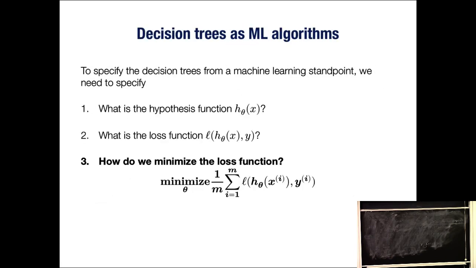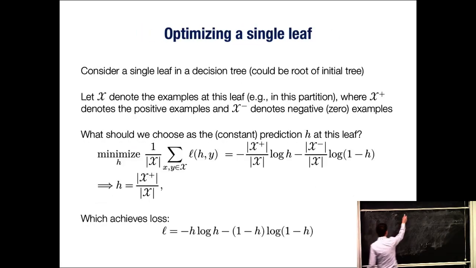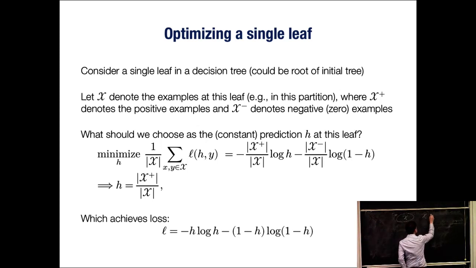So I'll just draw it like that. In this leaf, there are some number of examples, which I'll write as script X, that fall into that leaf. Script X is going to be some subset of all the (x_i, y_i). It could be the whole thing, or just some subset. It's all the examples from my training set that fall into that partition.